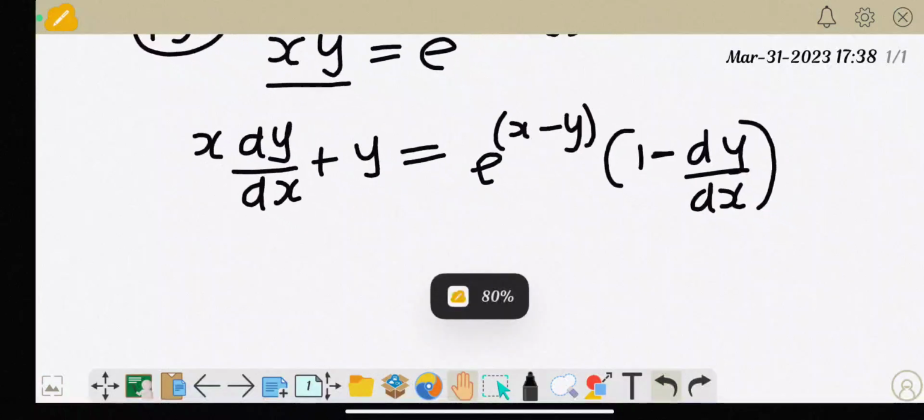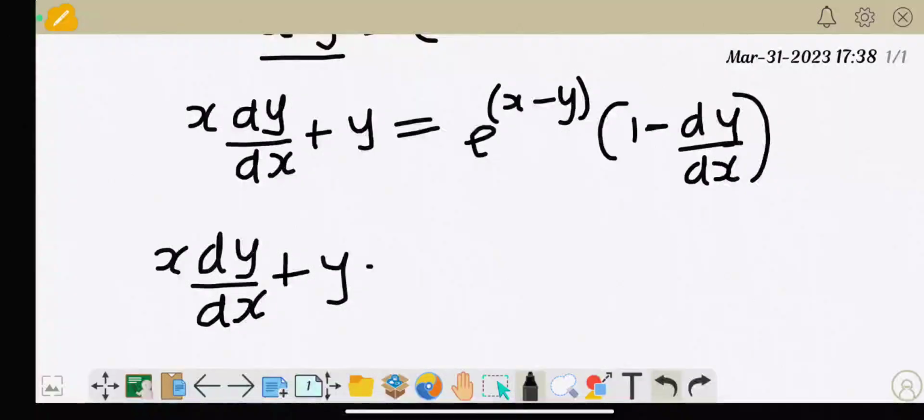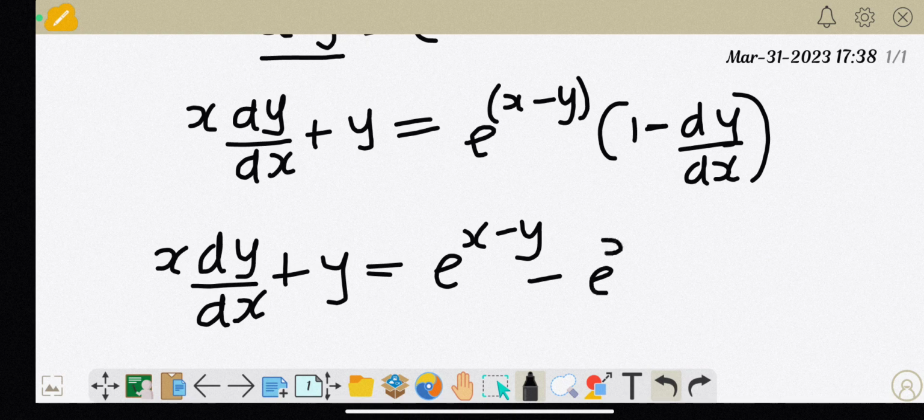So next step what we can do, open the bracket, group dy by dx together, then take dy by dx common outside. So x dy by dx plus y, here e to the power x minus y into 1 minus e to the power x minus y into dy by dx.